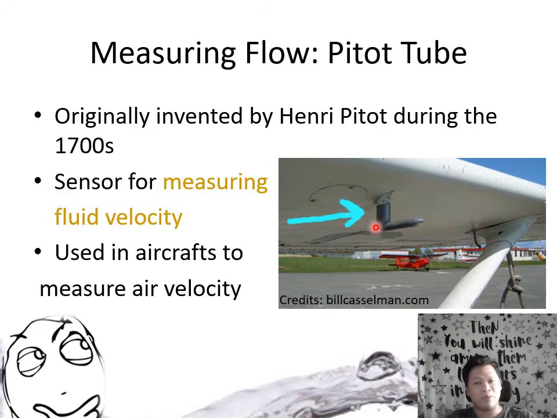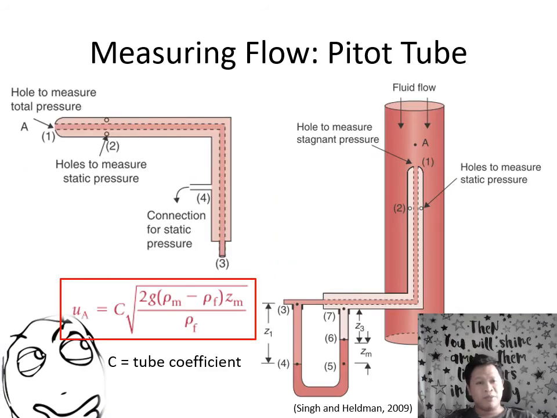May L-shaped protrusion parallel dun sa direction ng travel. So the principles are similar. They measure total pressure and static pressure, and you can use that to calculate the velocity.